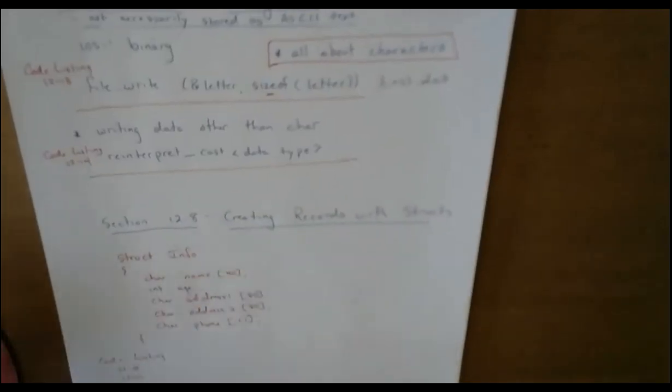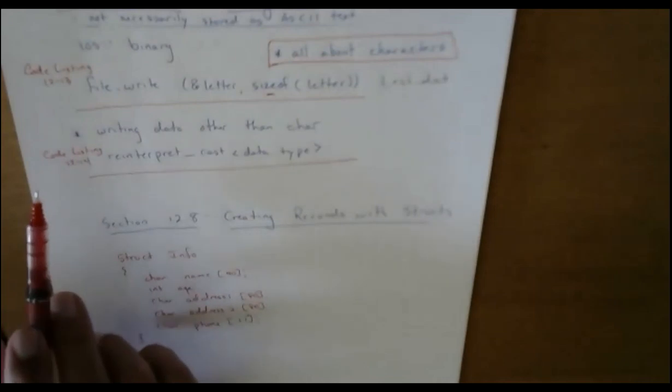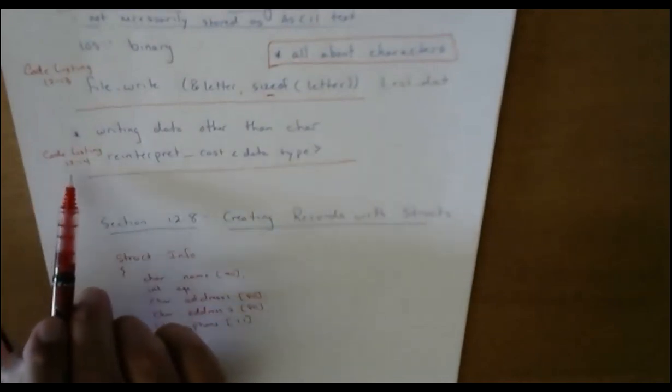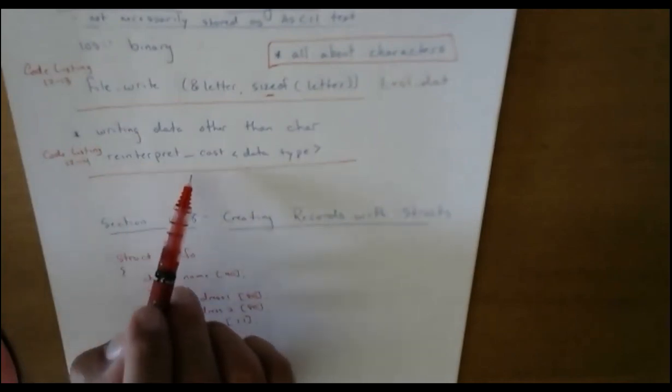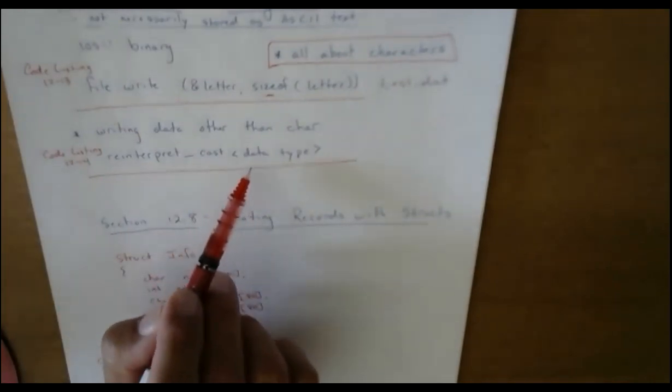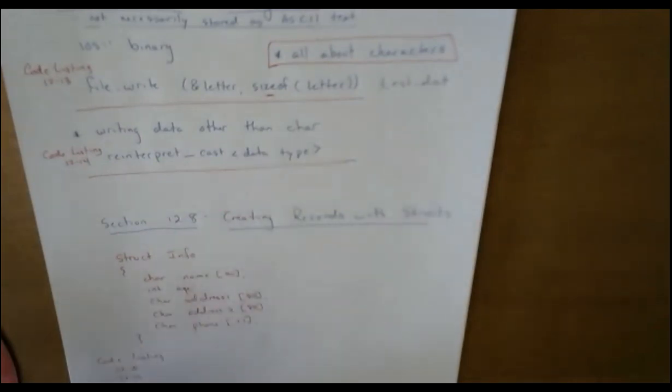Okay, so that was code listing 1213. He pulled up first, then he pulled up 1214, and now we had to use this reinterpret cast and the data type. And if you looked at line 27, we had the character array called names. So we have to make some changes.